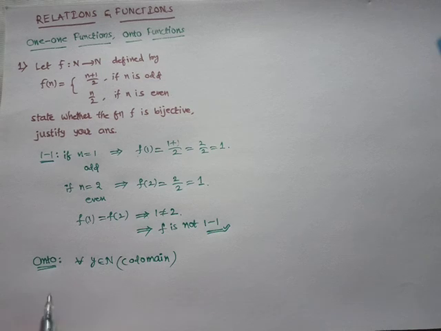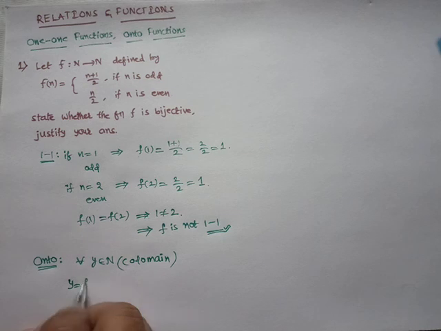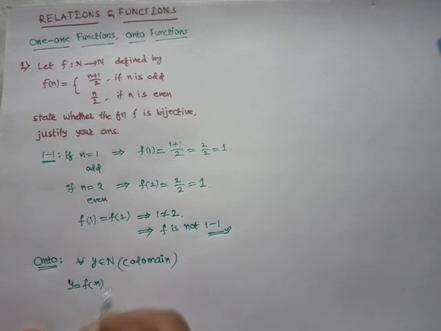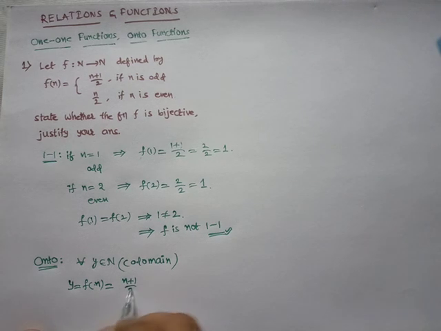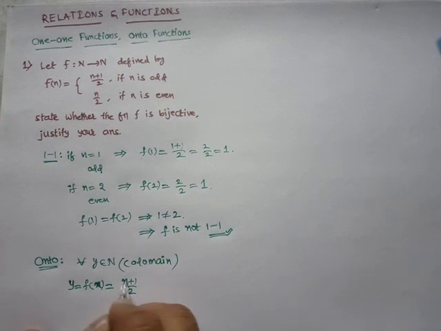So then we will make y equal to f of n. F of n is nothing but (n plus 1) by 2, so you make it x only. So (x plus 1) by 2. Then what will happen?